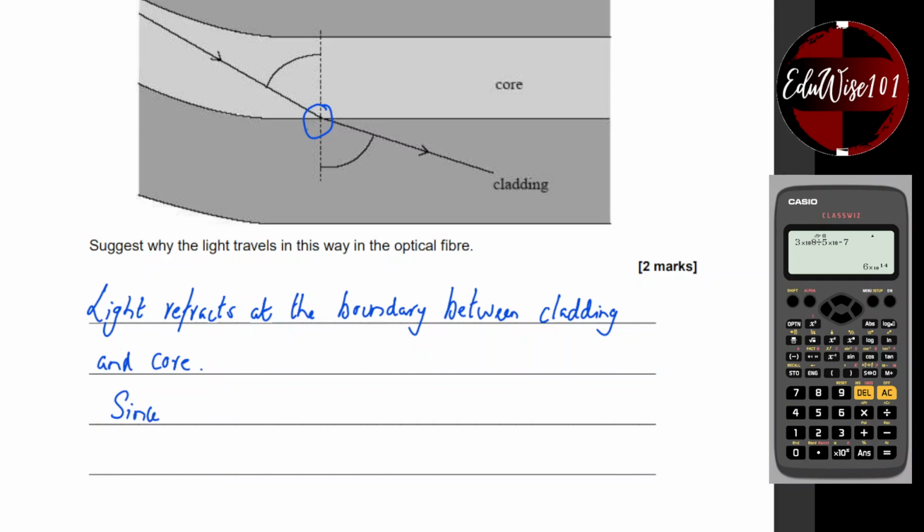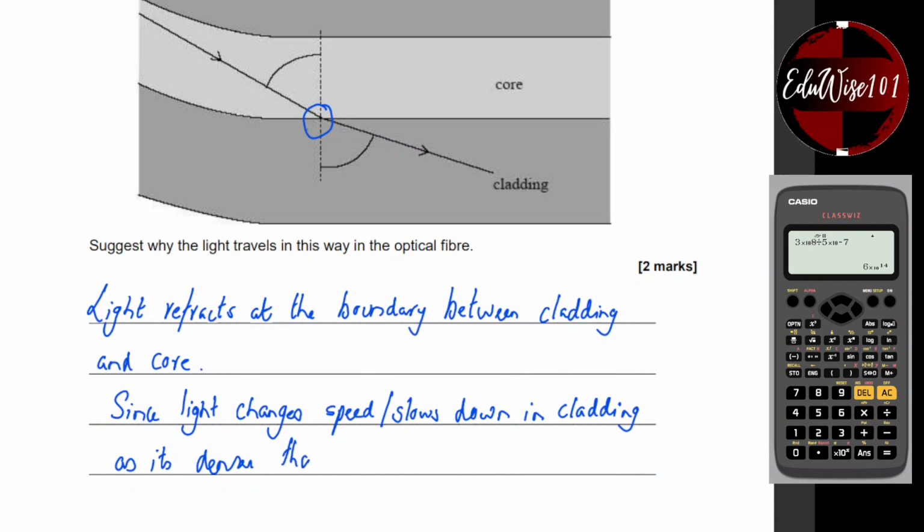Since light changes speed or slows down in cladding as it's denser than the core material.